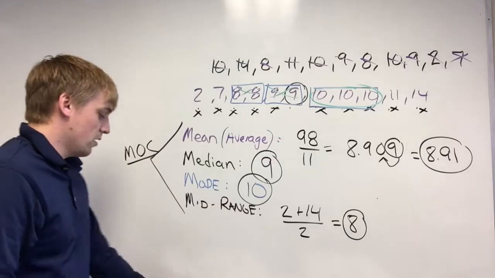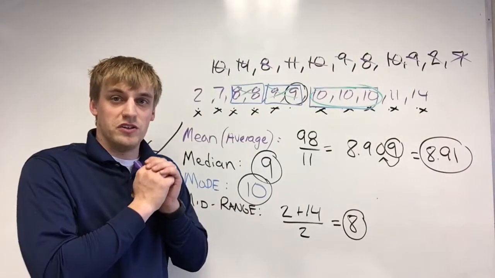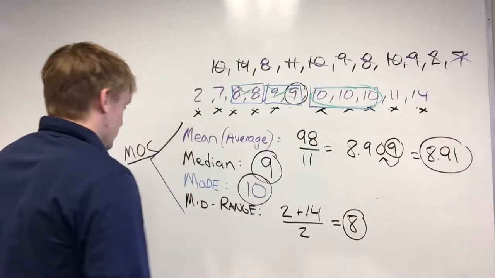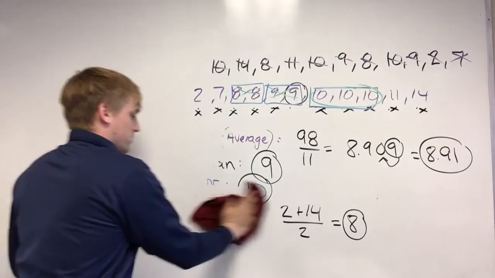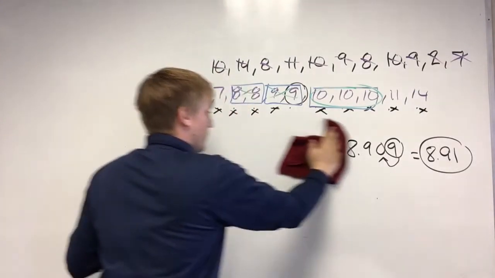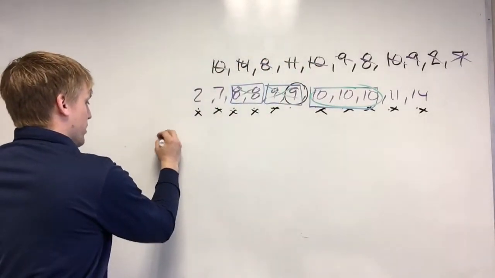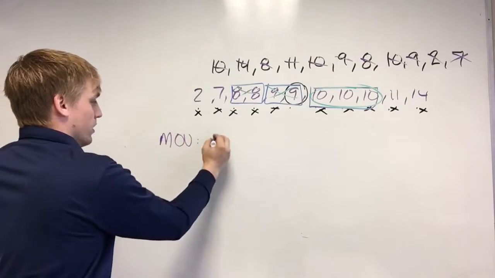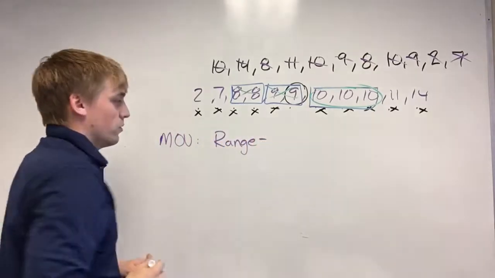Now, one of the measures of variability, something that shows how spread out the data is, is called range. So I'm going to erase these measures of central tendency. A measure of variability is range.